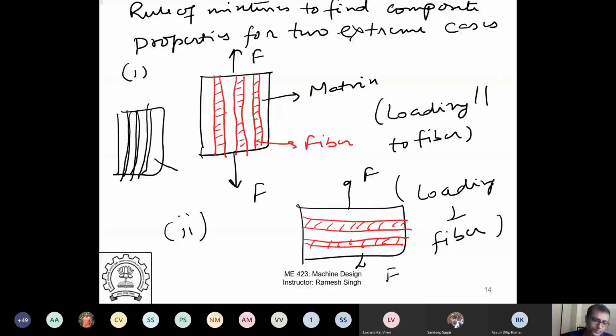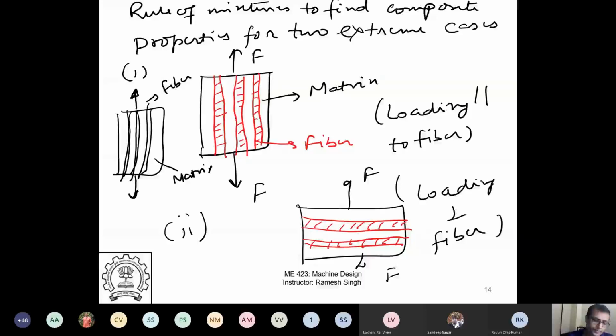So now I can find out what will be the effective property, because I know the property of fiber and another property of matrix. Now I want to find an effective property of this composite. So there are two limiting conditions. The first limiting condition is if I load in the direction of fiber. It will be best and strongest and stiffest, right?